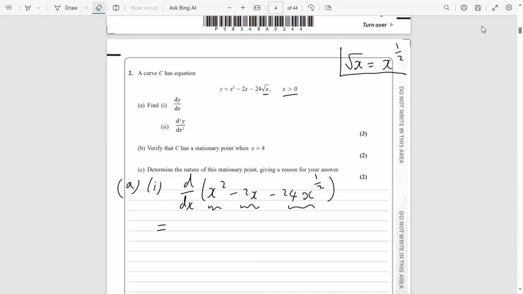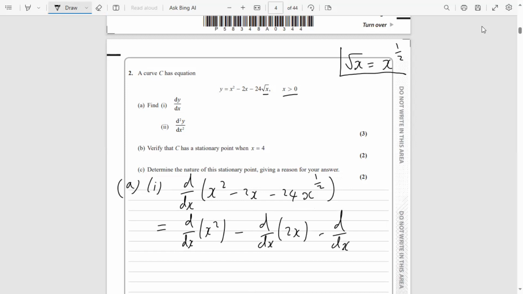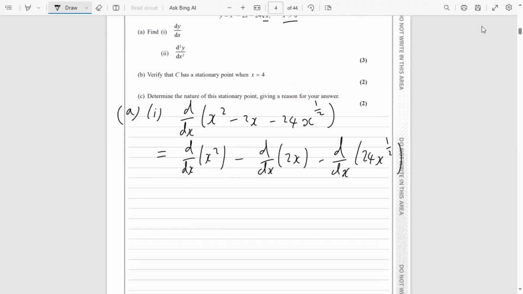All you need to know is you differentiate and integrate each term individually and then sum them together. So we're differentiating x squared, taking away the derivative of 2x, and taking away the derivative of 24x to the half.